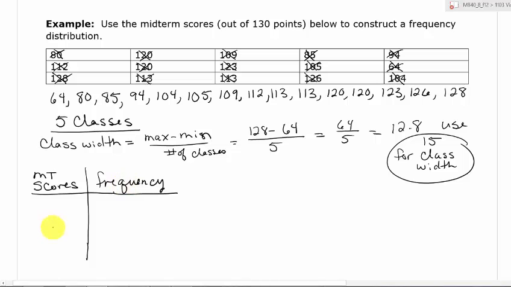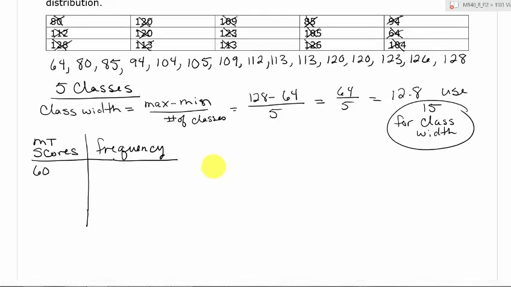And so we have one column for the midterm scores and then another column for their frequencies. So I'm going to start this off at 60. And our class width is 15. So this is going to be our lower class limit. And so I'm going to list all of those first, and then we'll list the upper class limit.